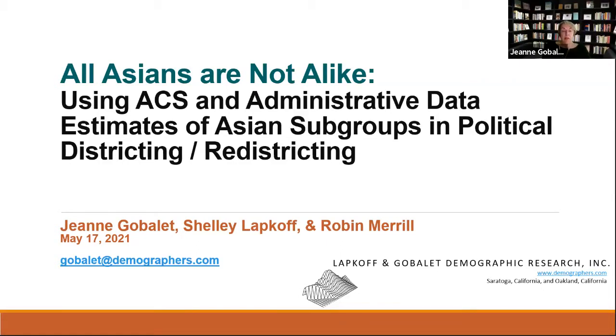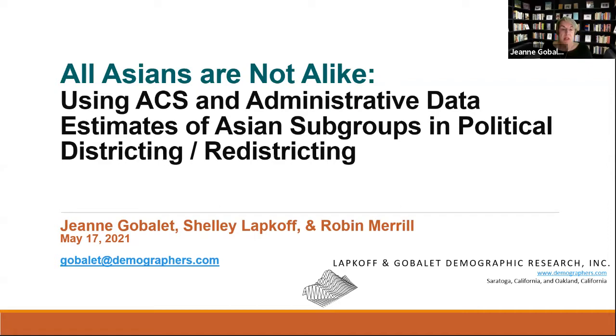We are using various sources in our work. It seems like every election, every census brings us to needing more data, more specific data for redistricting projects. And it's quite interesting, and I'll tell you about this in my presentation.